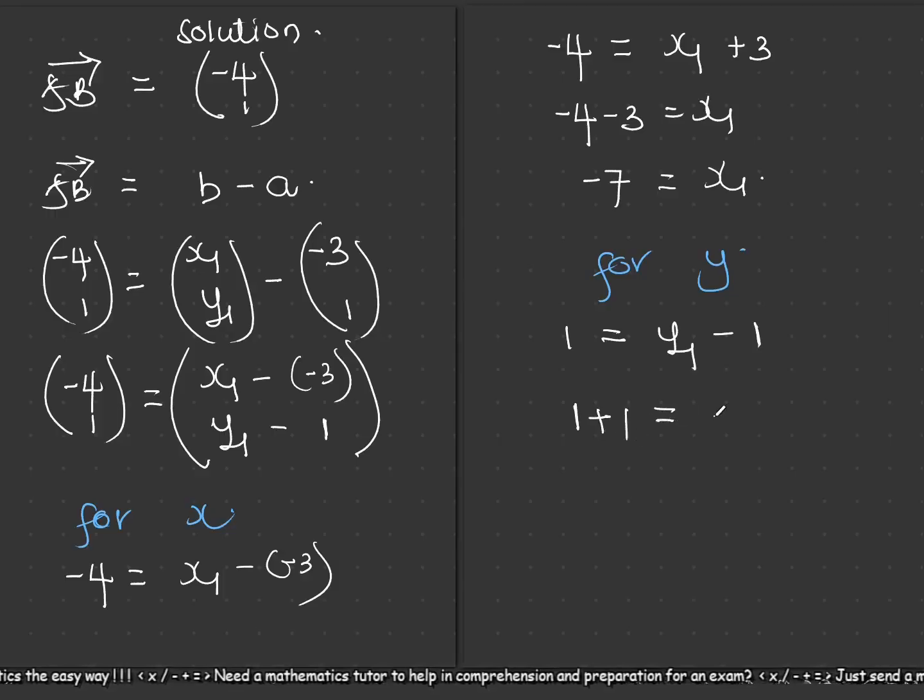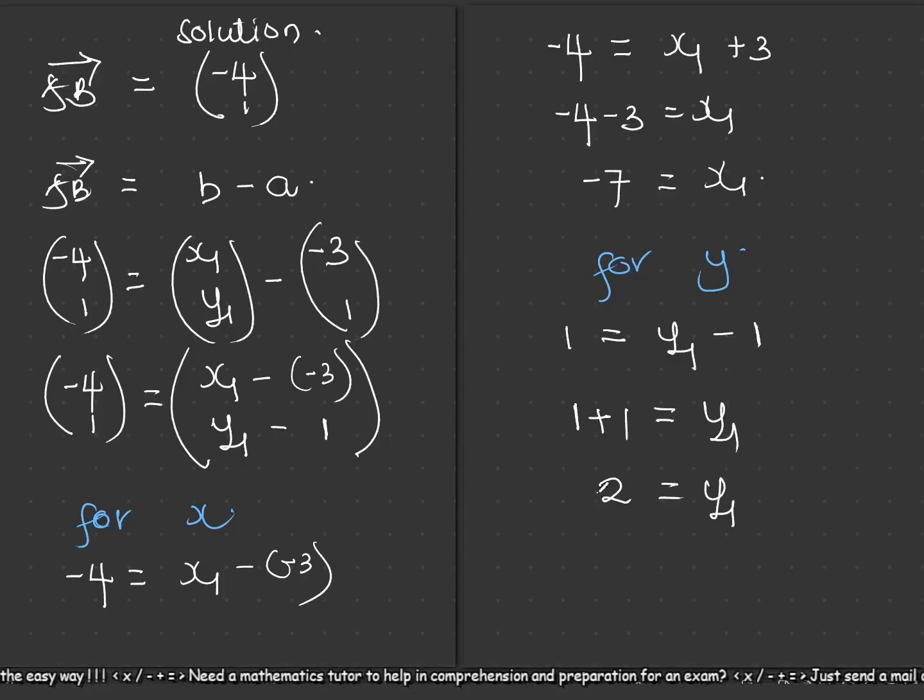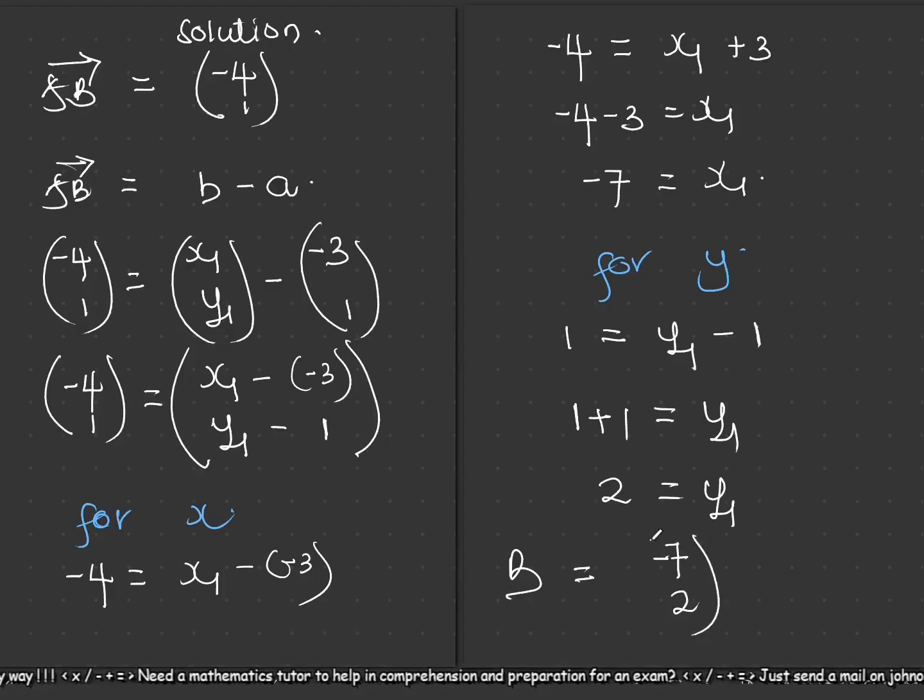So 1 plus 1 equals y1, and 1 plus 1 gives us 2. So our y1 equals 2. Hence our B, which initially we said was x1, y1, has now become -7, 2. Hence you are done with B.